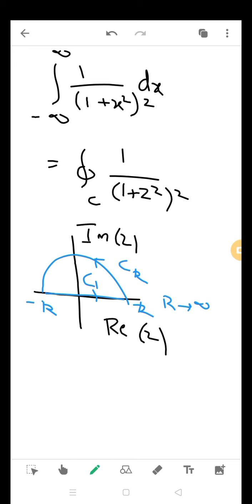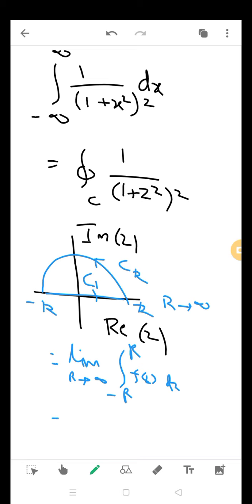So the integral is basically equal to the limit R tends to infinity of the integral from minus R to R of f(z) dz. So this is how we can express a normal integral in the complex plane.